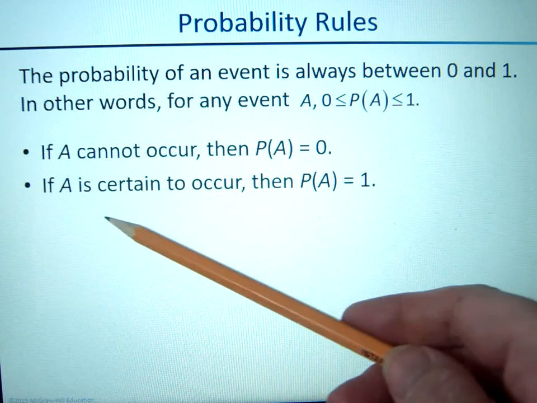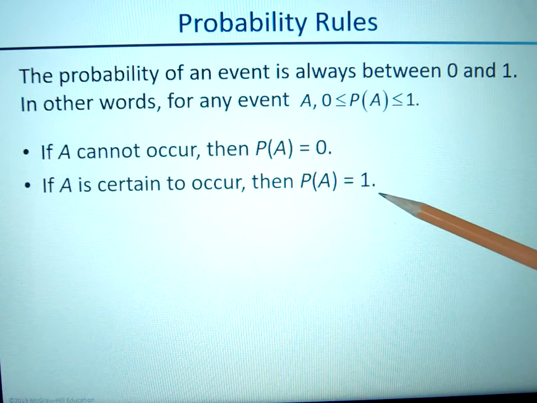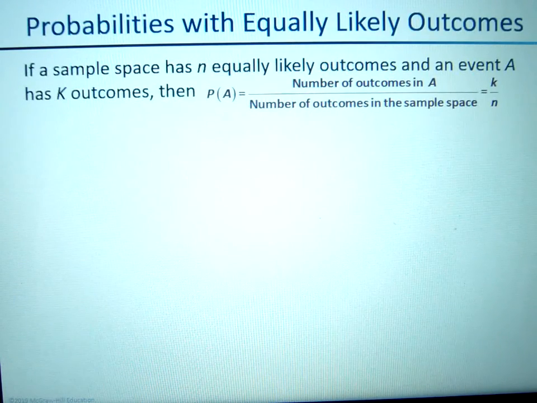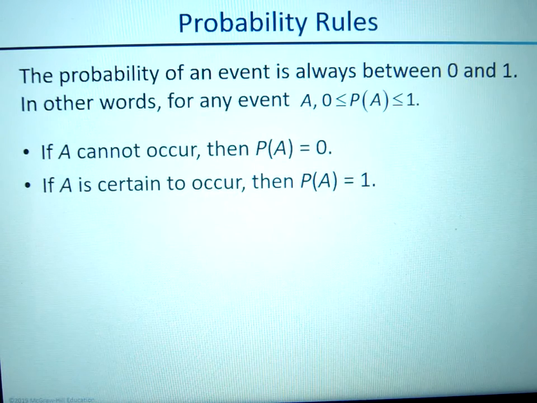If the event is certain to occur, then the probability is 1. So what are some examples of that? Let's say the probability that I give birth to a baby bird, that would be 0. The probability that I would give birth to something that has human DNA, the probability is 1. As long as I do give birth.